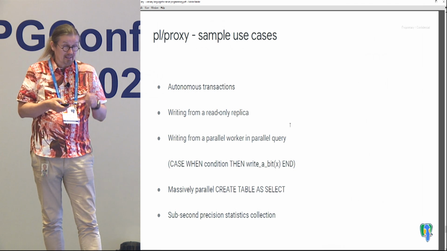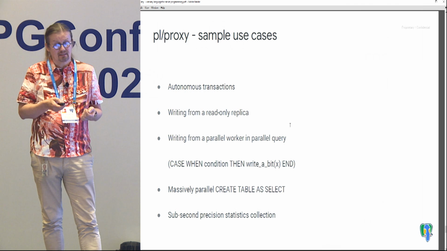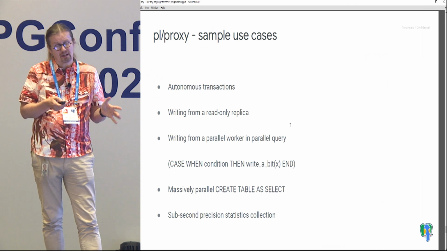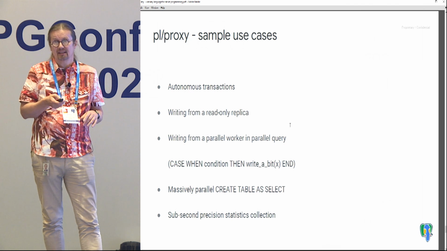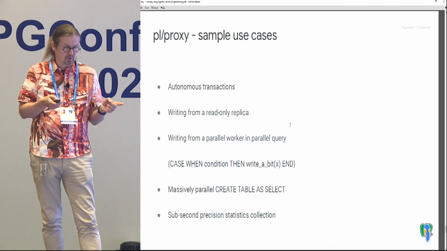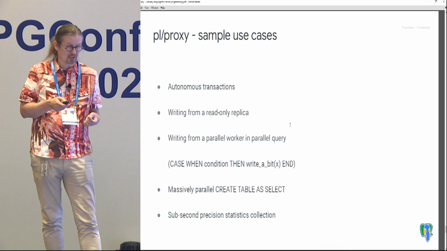With create table as select, Postgres becomes kind of slow when you have huge TOAST parts, and one customer had quite serious problems with it.